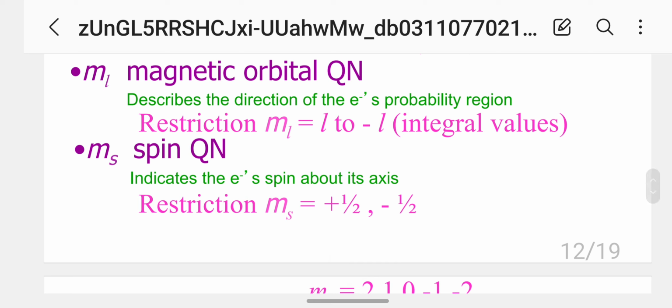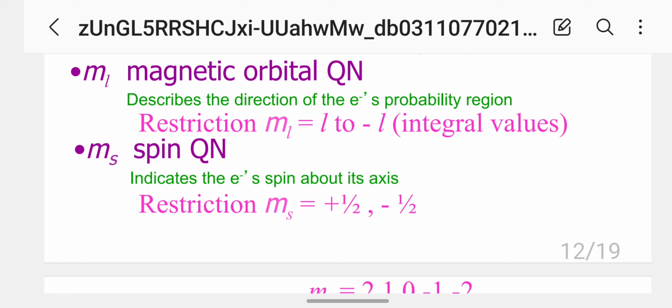The magnetic quantum number describes the direction of the electron's probability region, the regions where the electron is likely to exist. So the restriction for the magnetic orbital quantum number is that it is equal to L, and it will extend towards minus L, taking integral values.